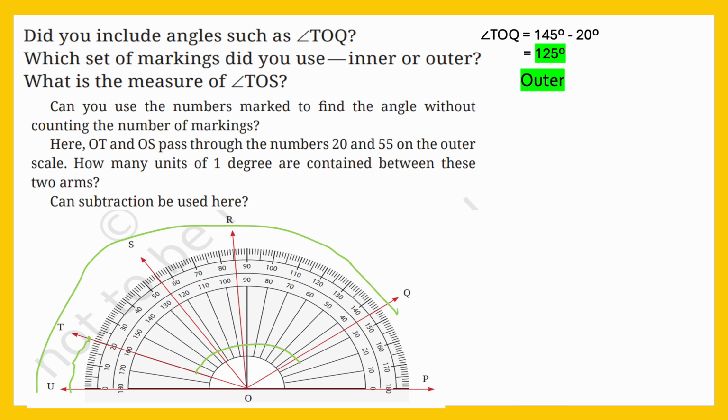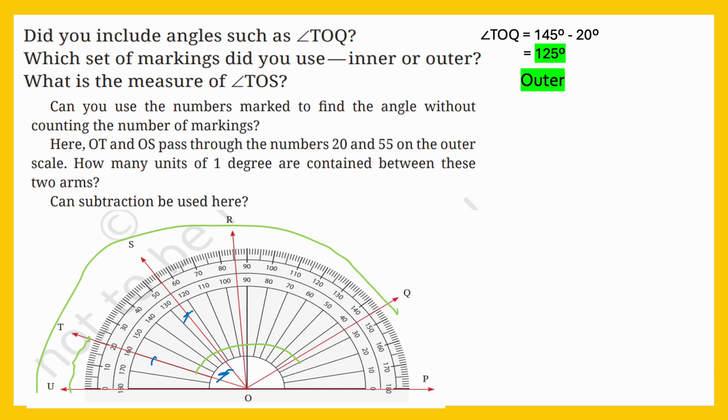What is the measure of angle TOS? Can you see the numbers marked to find the angle without counting the number of markings? Yes. So we have to find angle TOS. Here this is OT, and this is OS.